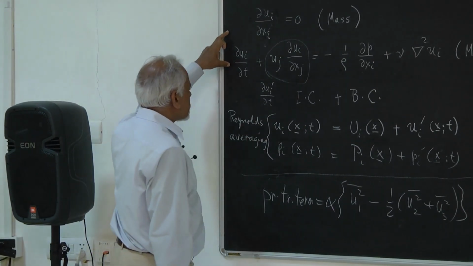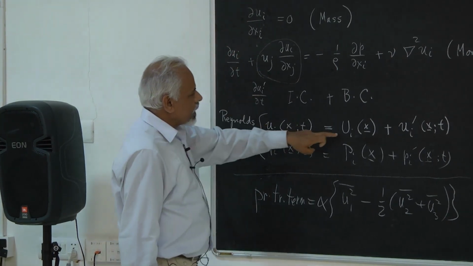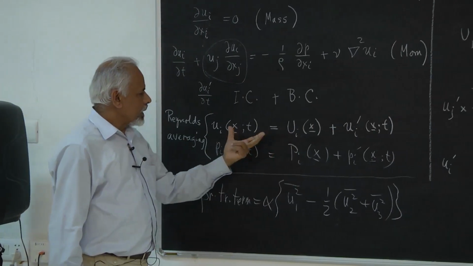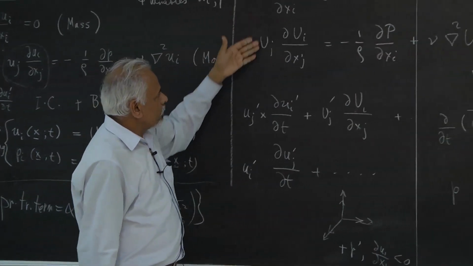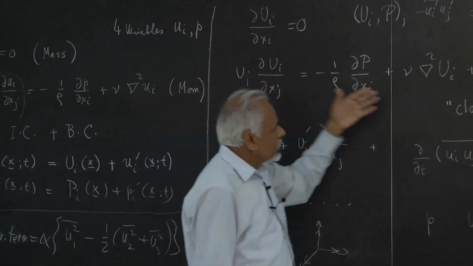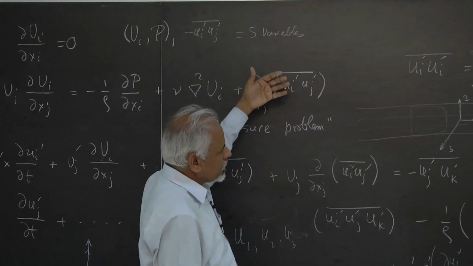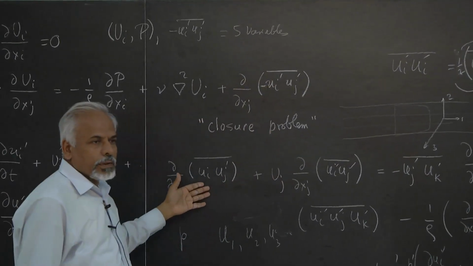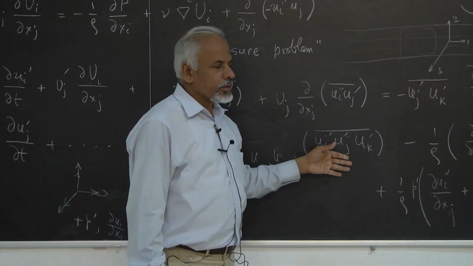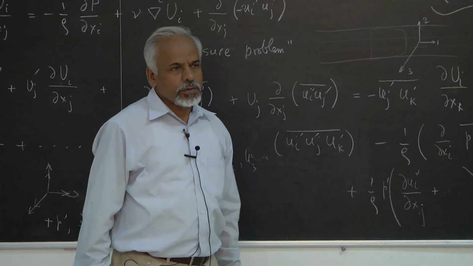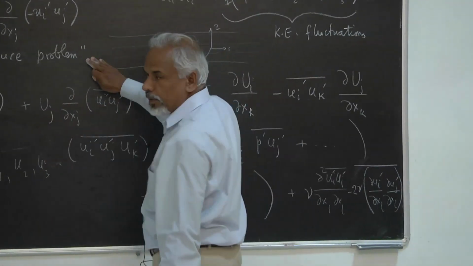But since you don't have the solution, you become clever by trying to write an equation for the average which you want, by writing this in this fashion. And you get an equation for the averages. You have an unknown term here, and this unknown term can, of course, be written down with another equation like this, which also has higher order unknowns. And this process goes ad infinitum, and that is the turbulence closure problem.